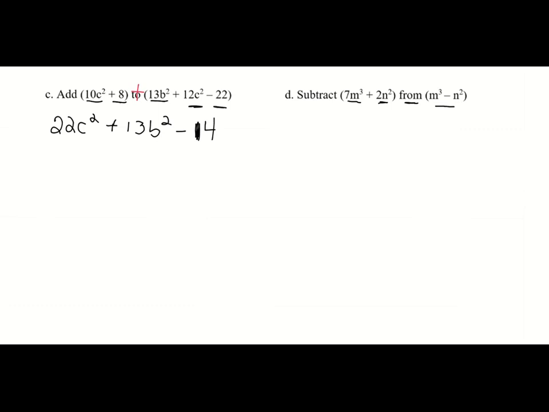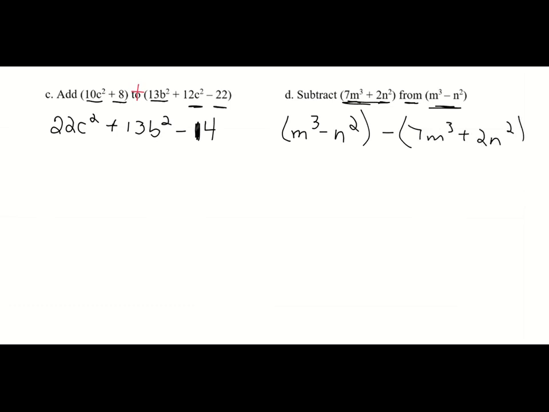So here, because I'm subtracting this expression from this expression, when I write it out, it's going to be m cubed minus n squared minus, and then the other expression, the 7m cubed plus the 2n squared.